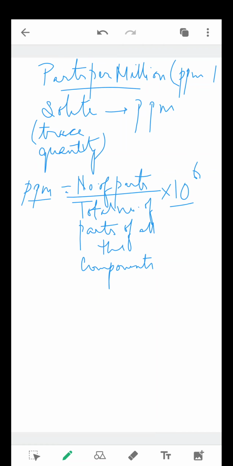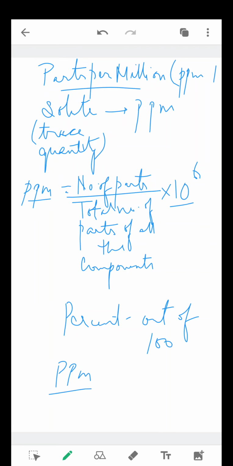In other words, this is a way of expressing very dilute concentration of a substance. Just like percent means out of 100, parts per million means out of a million. So it usually describes the concentration of something in water or soil or gas.